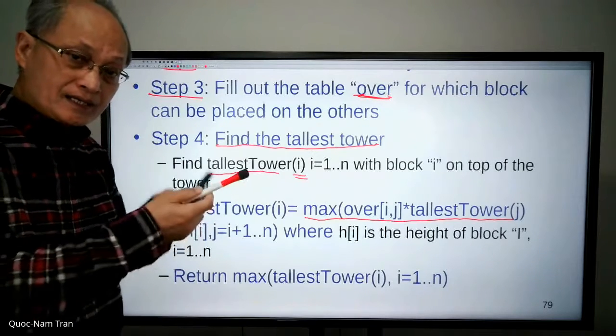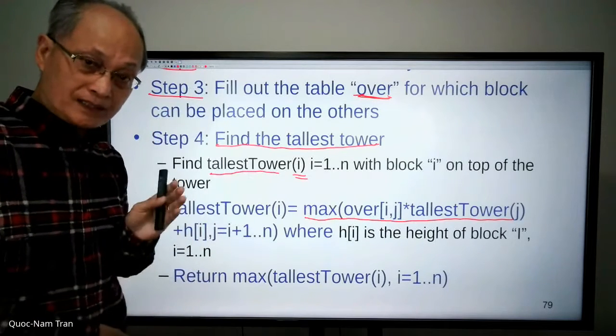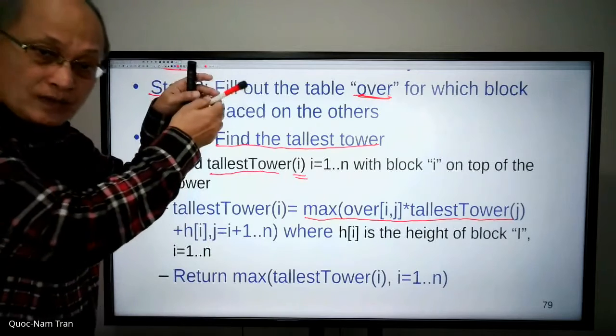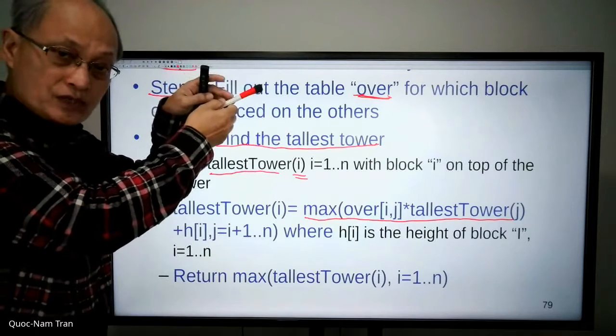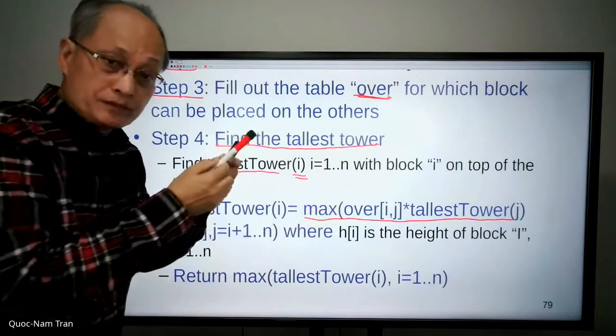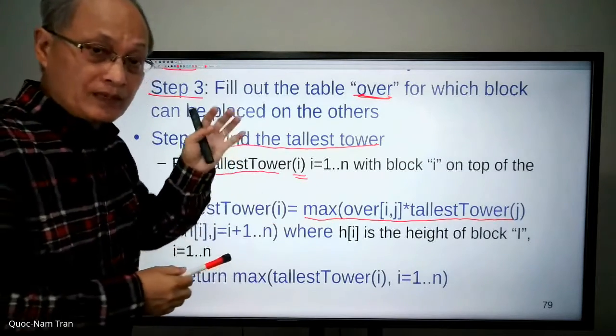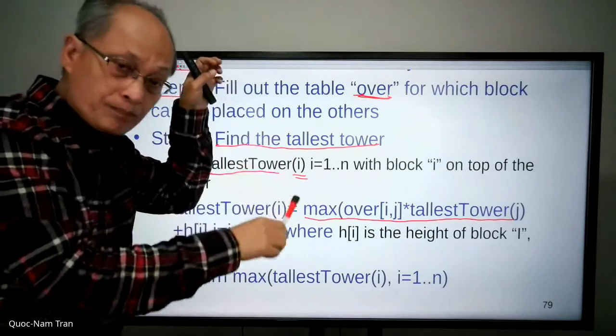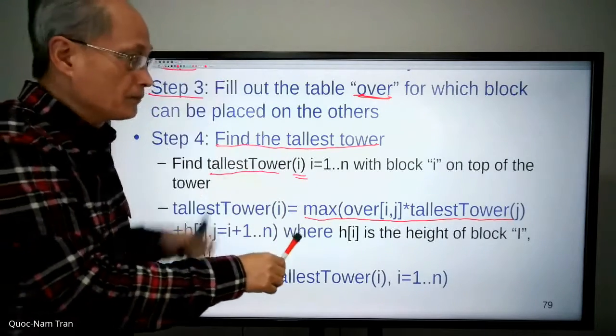Remember that the set of blocks has been sorted, right? So the smallest one will be at position 1, and then we want to find out what will happen if block I can be placed on top of block J.